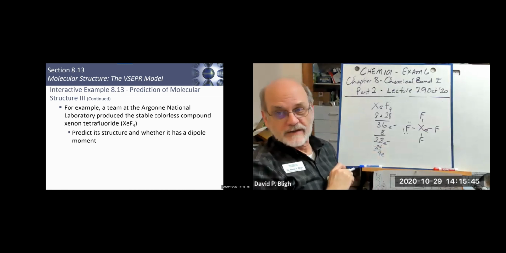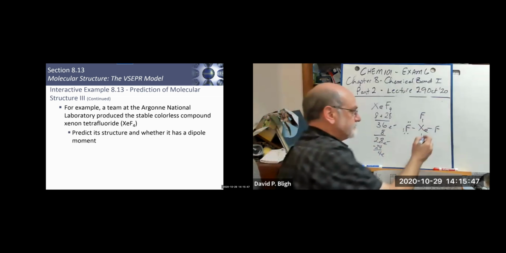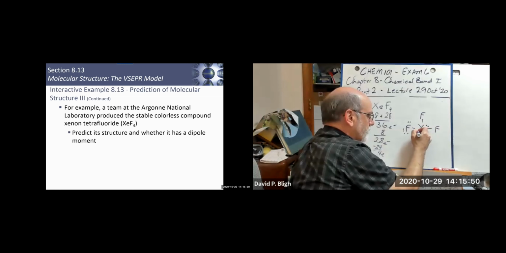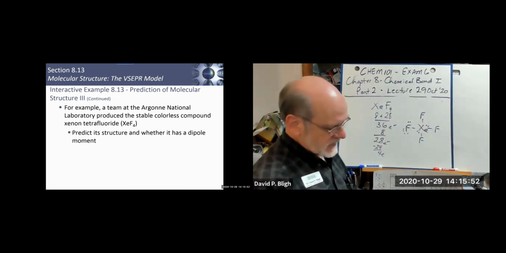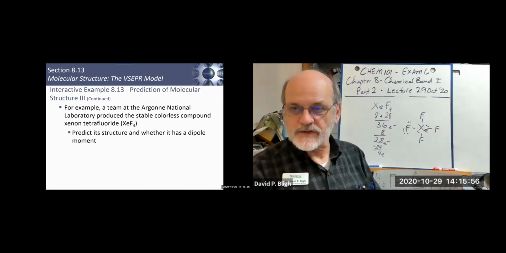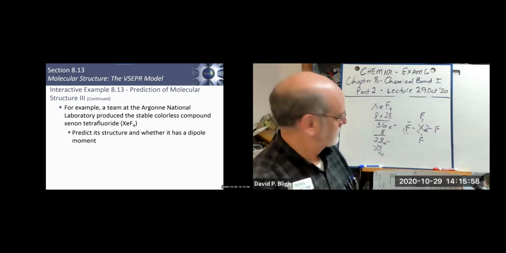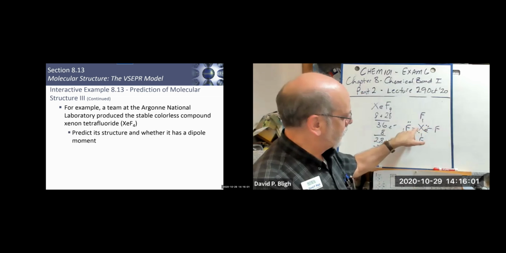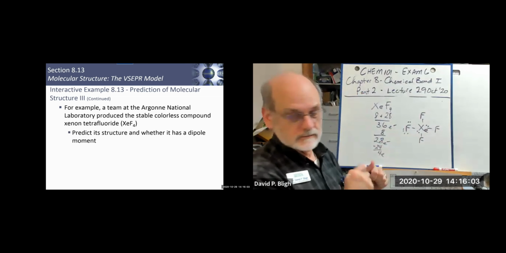So we have 4 electrons left over. They have to go on the xenon. So xenon has exceeded its octet. But what's the electronic structure? 1, 2, 3, 4, 5, 6: octahedral.